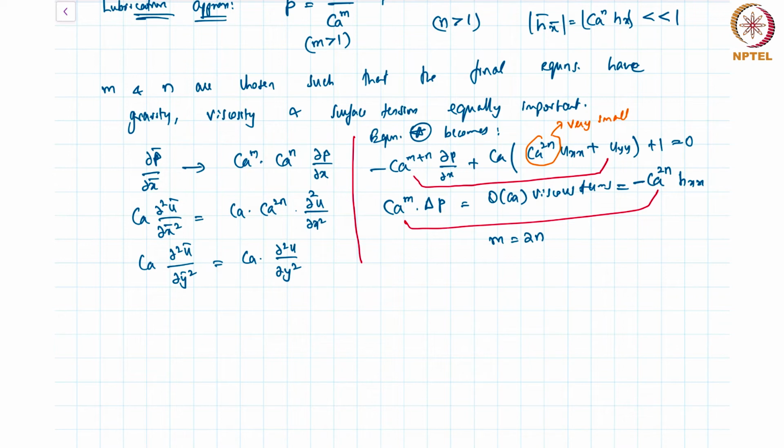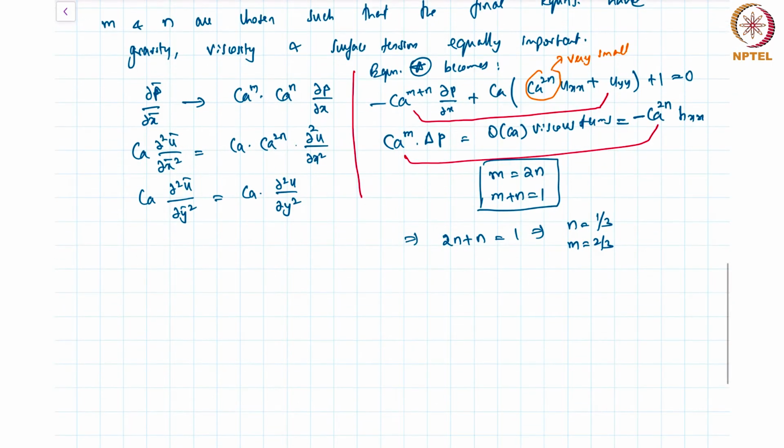If I look at that, I get another equation which is m plus n is equal to 1. So I have two equations and two unknowns: m plus n is equal to 1 and m is equal to 2n. If I substitute, m becomes 2n, 2n plus n is equal to 1, and therefore n gives me 1 by 3 and m becomes 2 by 3.